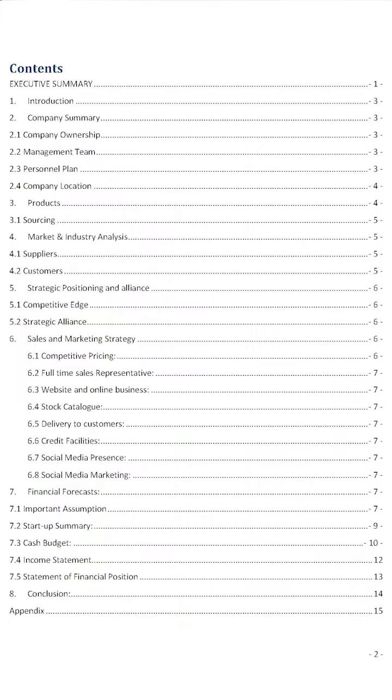I think they are abolishing it now, but many wholesalers do have stock catalogs which they send to the different shops, their customers who would buy from them. Delivery to customer is a facility, credit facilities, social media presence, and social media marketing. There could be many other aspects of your business's sales strategy which you can adopt.